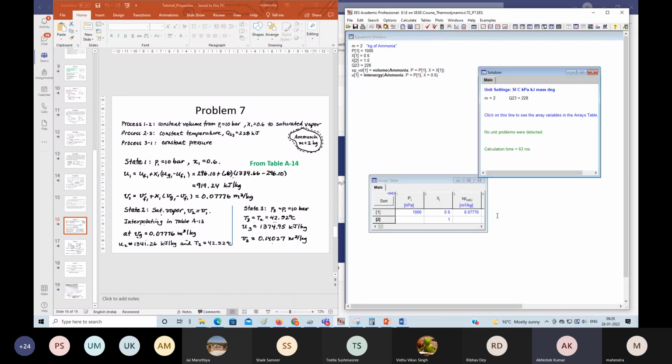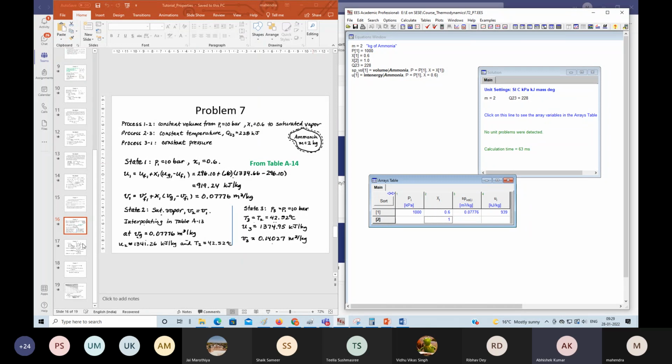Let us see. Okay, this is the internal energy. Is this matching with this internal energy? Yeah, obviously this is matching. Somewhere small differences would be there here and there. Whatever we have interpolated over here and whatever it is taking as exact value, obviously the difference would be there all the time. Okay, this is the internal energy at point 1.